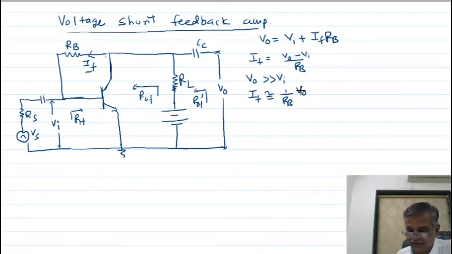So this feedback is nothing but K into Vo. If I say Vo dash, then I should write Vo dash. So your feedback factor is 1 upon RB. You know feedback is K times Vo dash.